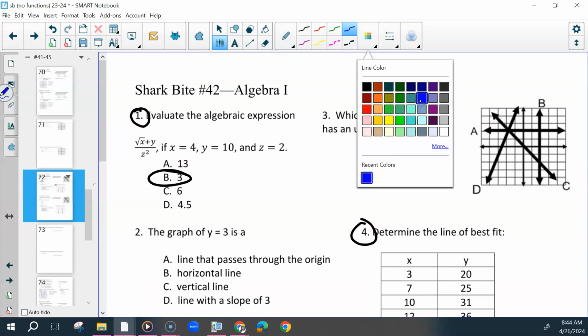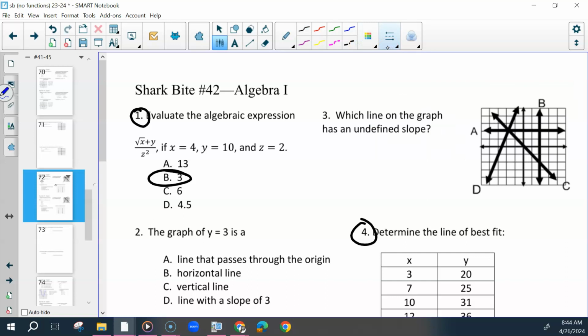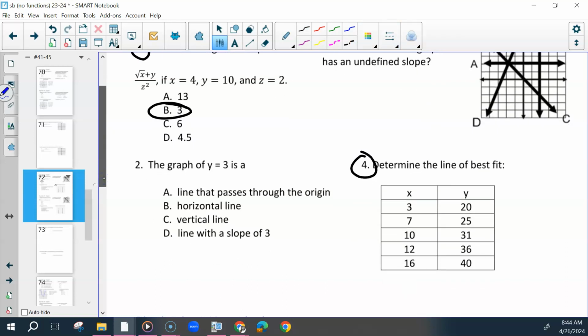And you can say you did that in Desmos. Or your line of best fit for number 4.